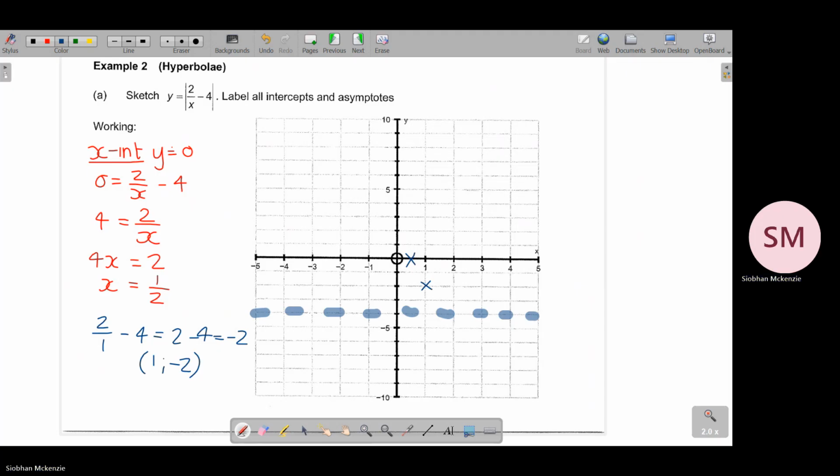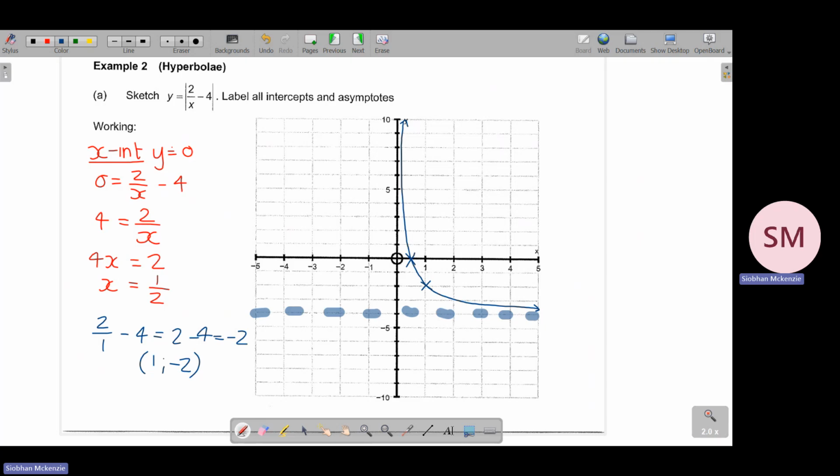So I can already draw the shape of this quadrant. I know that my y-axis is an asymptote, so I'm not going to cross that. I'm going to tend towards it. That is the first side of the hyperbola.